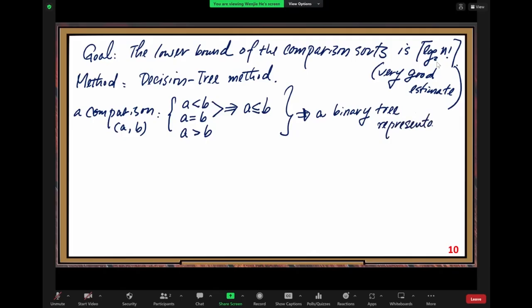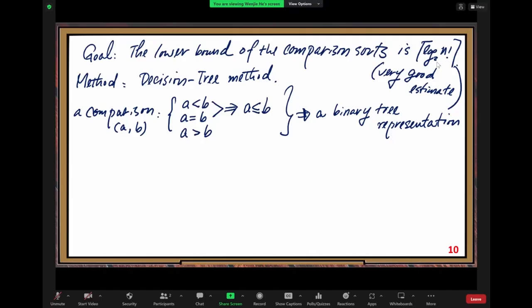We are familiar with binary trees, right? So we like to use a simple binary tree to represent all the comparisons in the sort.